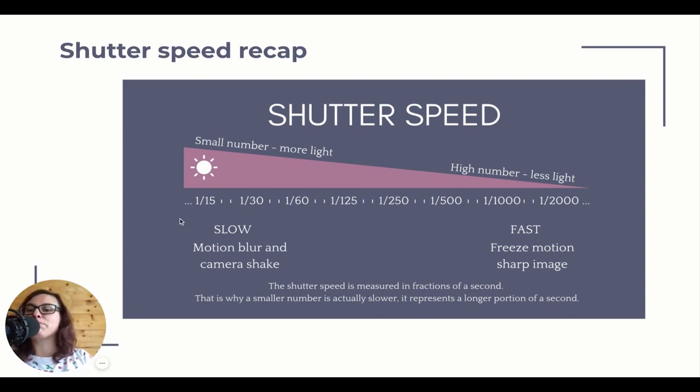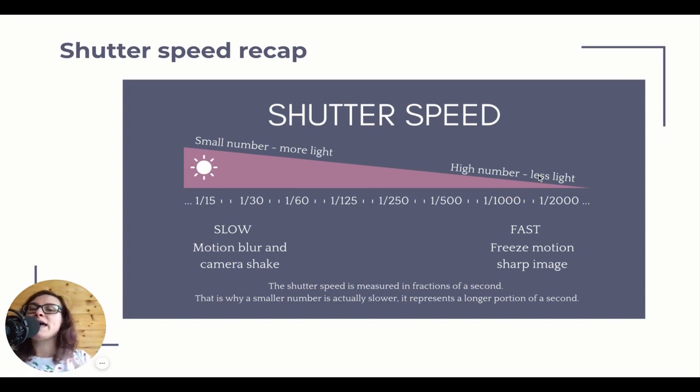Now, if we have a small number, so a slow shutter speed, we let in more light, because obviously the sensor is exposed for a longer period of time, so it can record more light. That also means that if the shutter is slow and it's open for a longer time, we risk having motion blur and camera shake. So you need to make sure that the camera is on a tripod if you're using a slow shutter speed to let in more light.